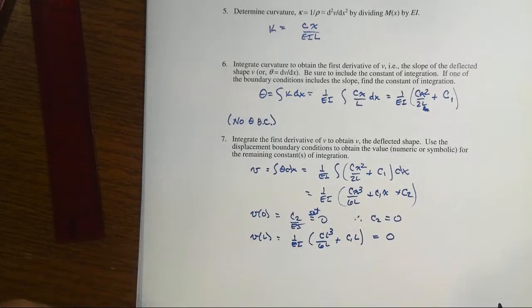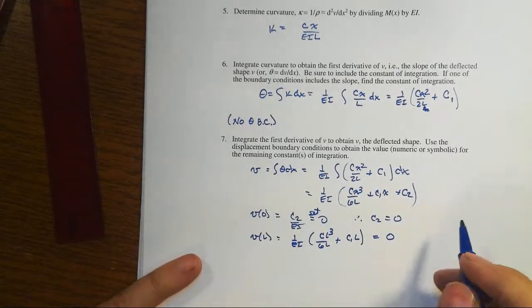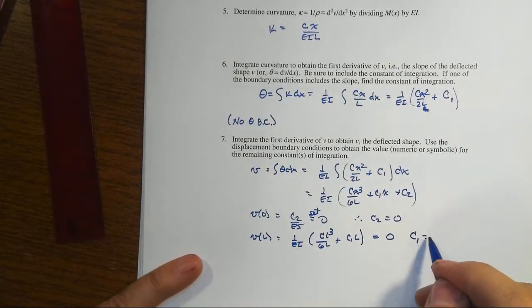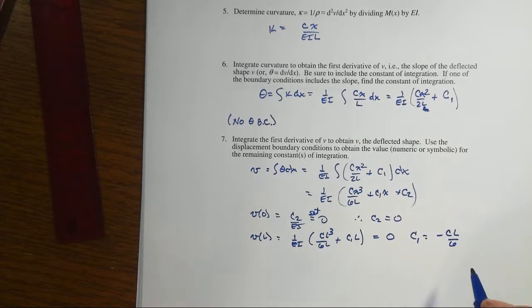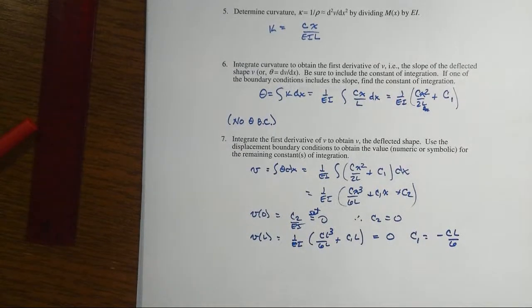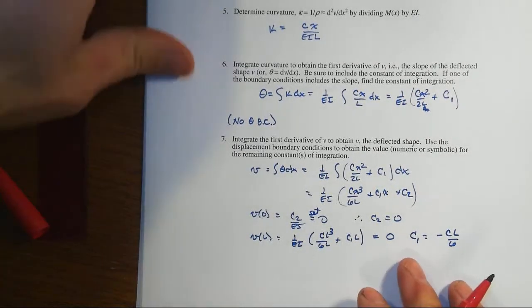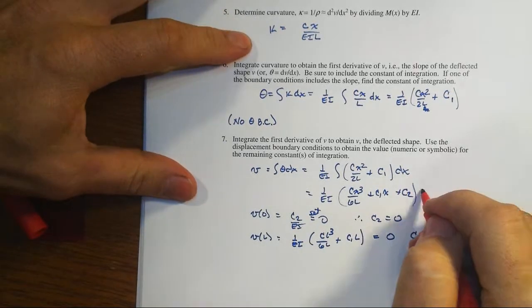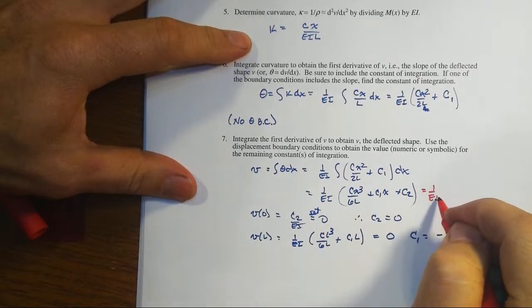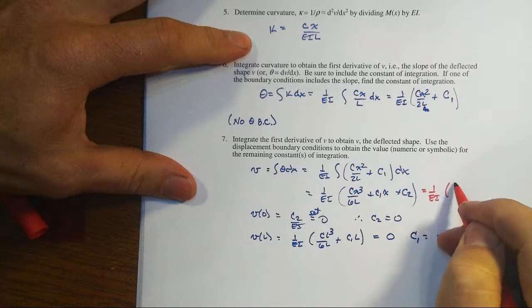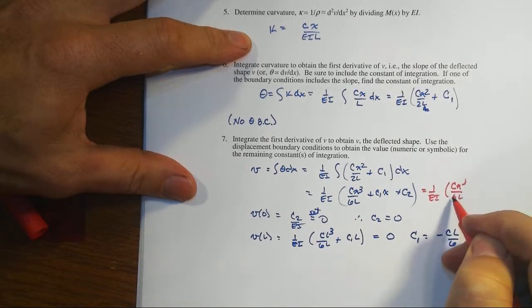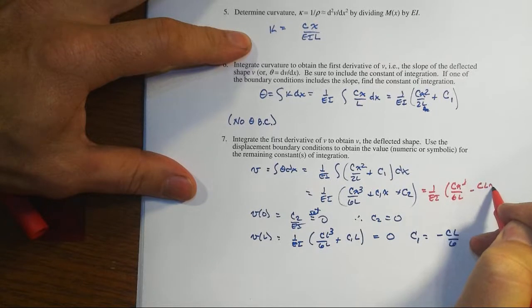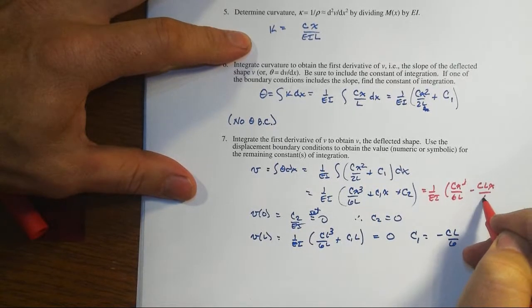That's going to be equal to 0. The EI again goes away, and our C1 is equal to minus CL over 6. And that makes then our transverse deflection expression, for which we were searching, 1 over EI, our Cx cubed over 6L minus CLx over 6.